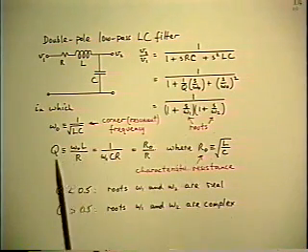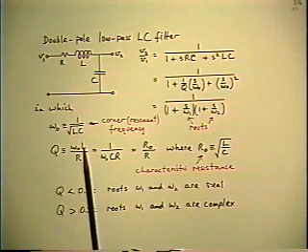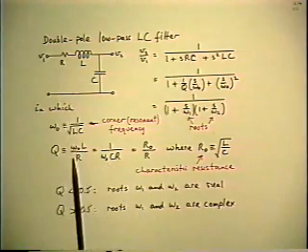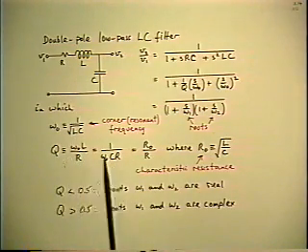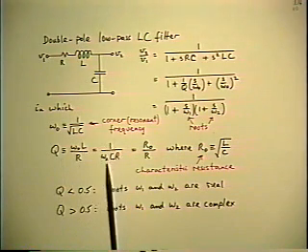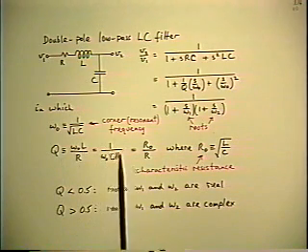One version of Q is it's the inductive reactance at the corner frequency divided by the series resistance. Equally well, the Q factor is the capacitive reactance, 1 over omega 0 C, divided by the series resistance.